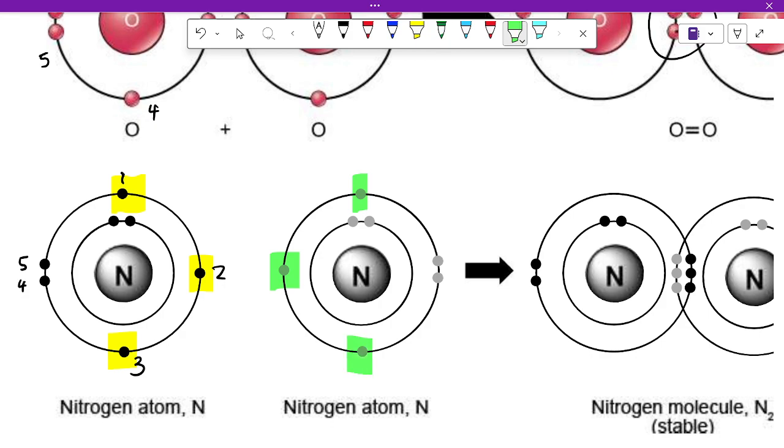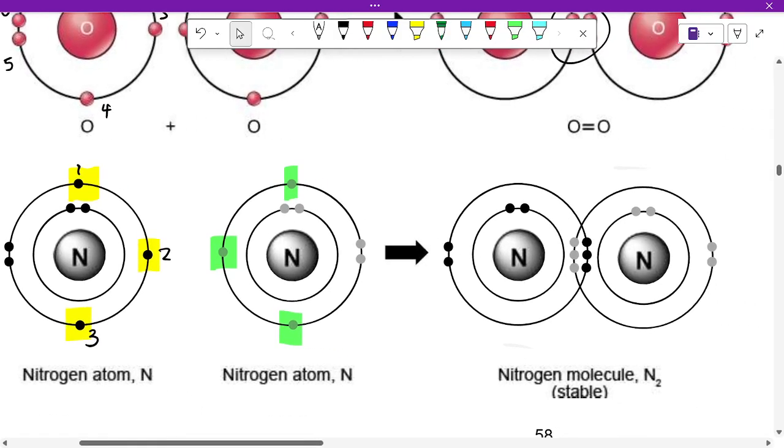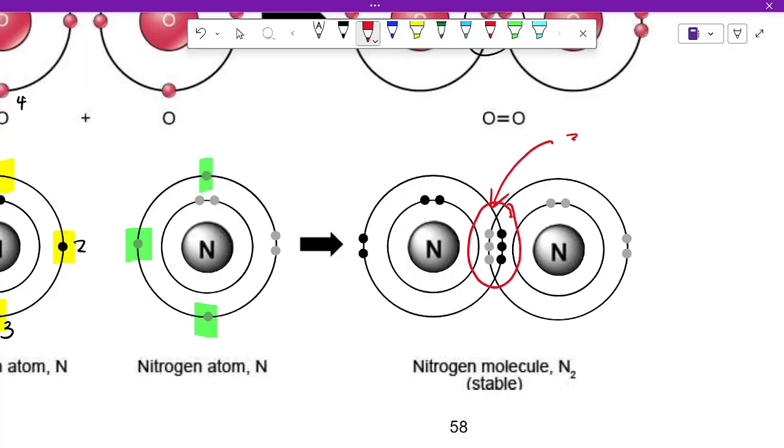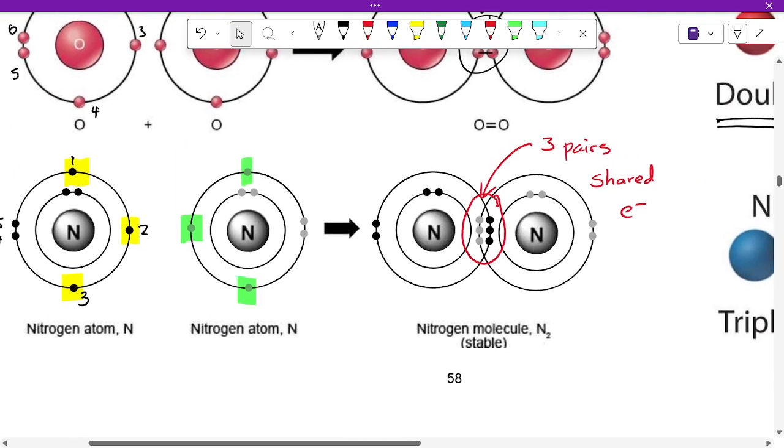So we end up with 3 pairs of shared electrons. And if we have 3 pairs of shared electrons, what do we call that? We call that a triple bond.